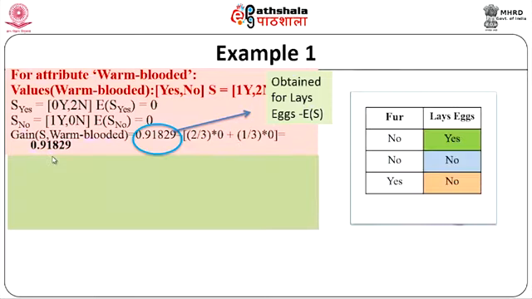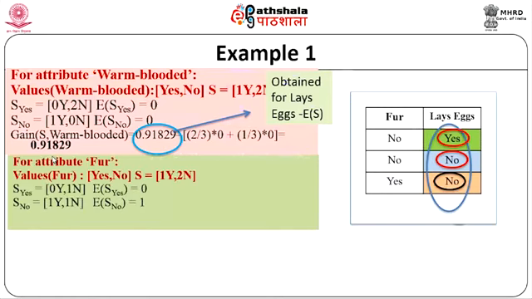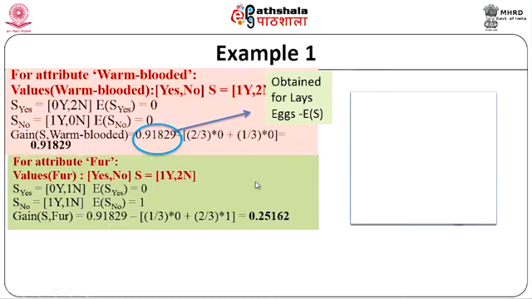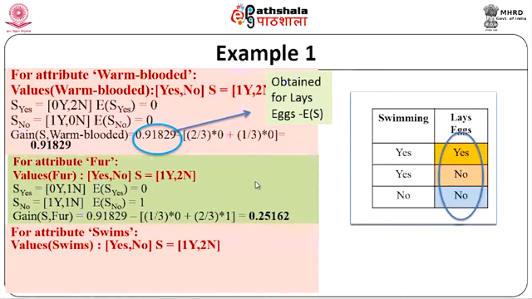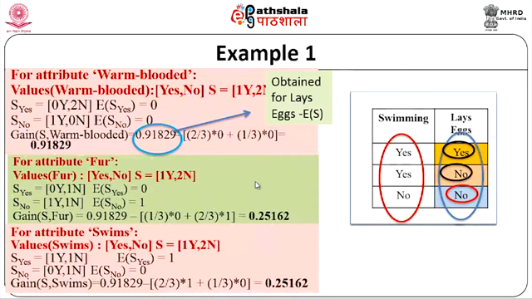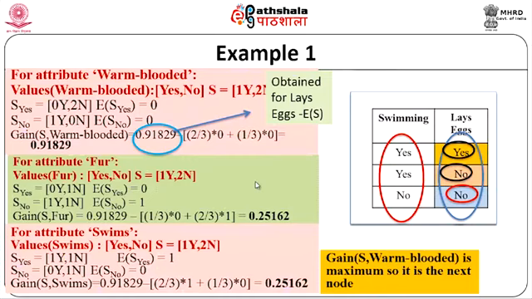The same thing I can do for fur. If I do it for fur, similarly I get 0.25162, and for swimming I also get 0.25162. It is very clear when you look at it. The same way we are doing this, and with warm blooded I get the maximum value.